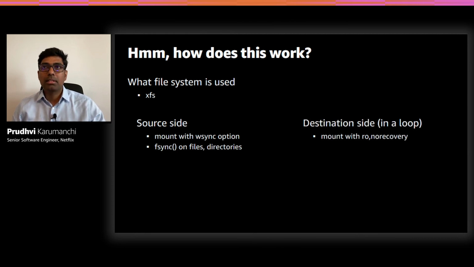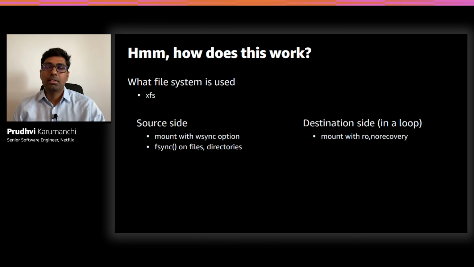On the destination side, because it's an EBS volume, it will only fetch the point in time data. It doesn't know about any changes that are happening underneath it. So we had to do a mount and unmount in a loop. That way, every time you do a mount after some time, you're essentially going to get a new set of files visible on your mount point.